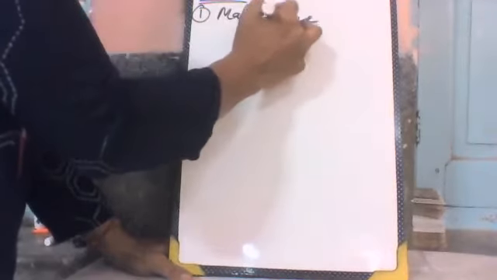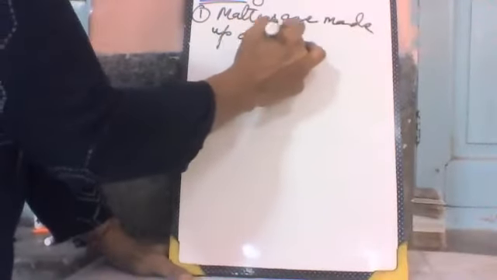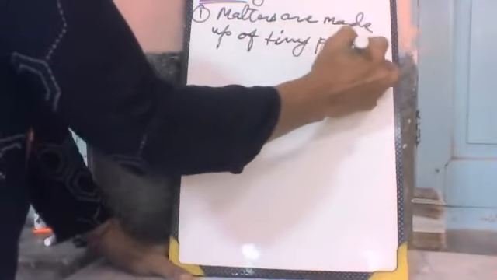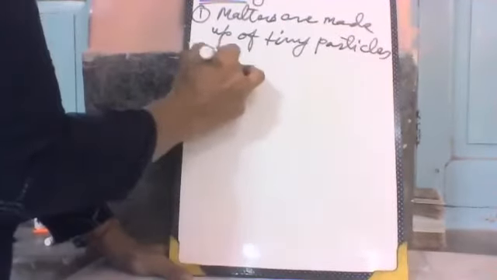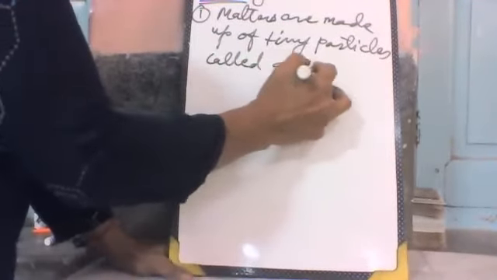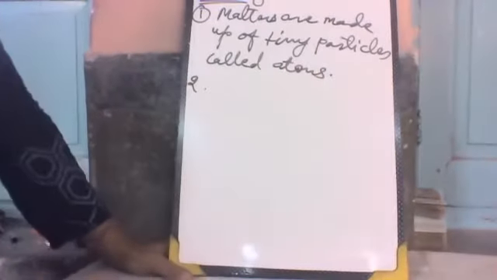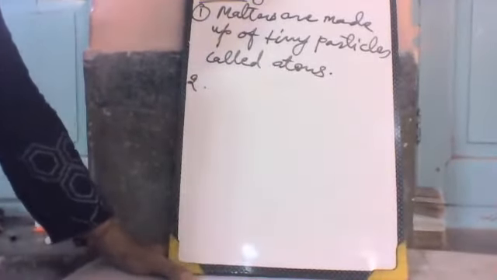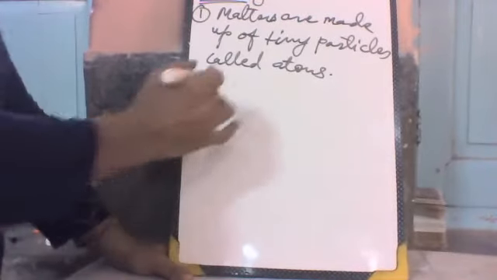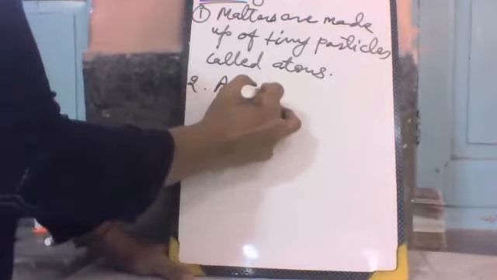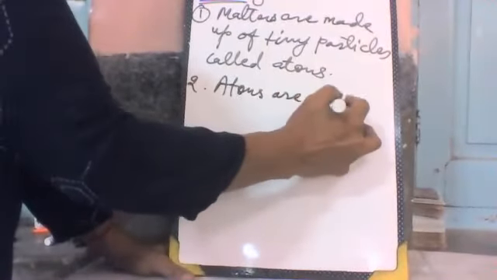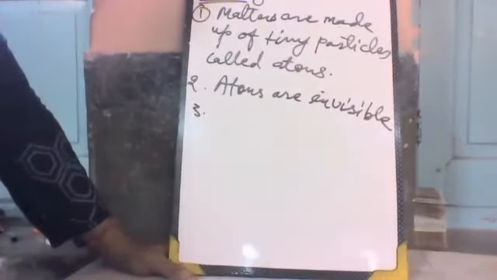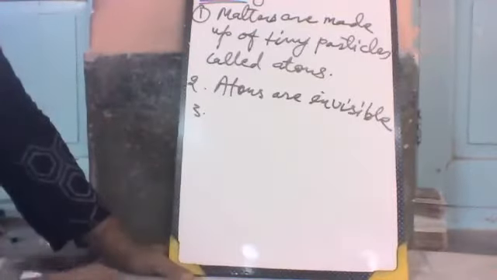Atoms are invisible. We cannot see them. Then atoms cannot be created or destroyed. We cannot create an atom and it cannot be destroyed.